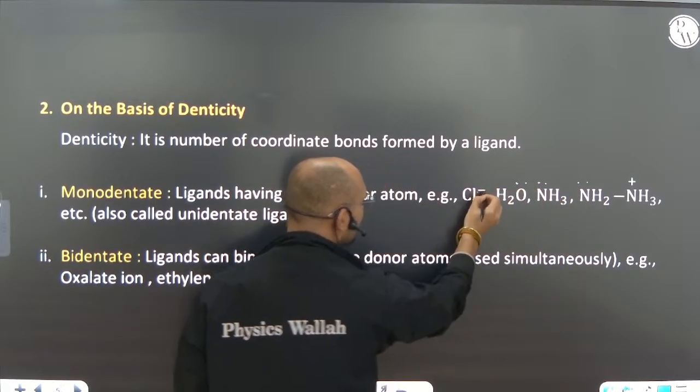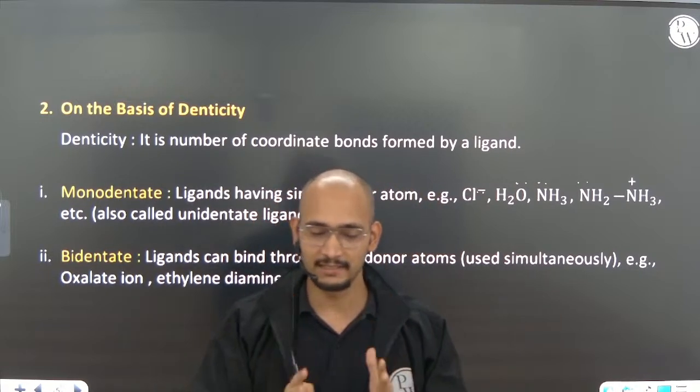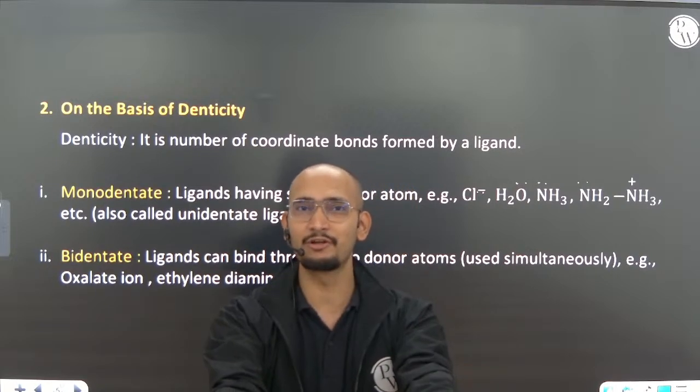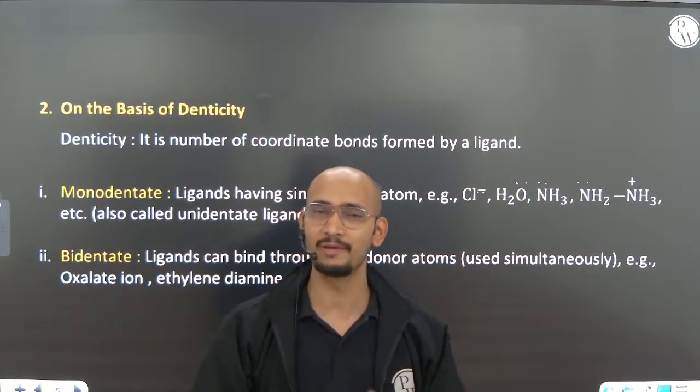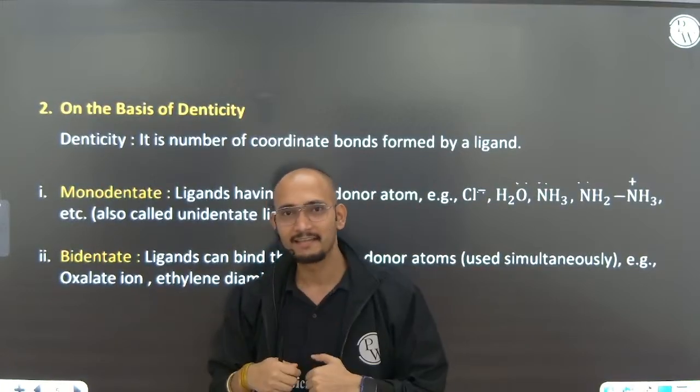Why are we thinking about the lone pair? Because in this coordination compound, the ligands are donating an electron lone pair. Who is taking that lone pair? The central metal atom having the vacant d orbital takes it into the vacant d orbital.